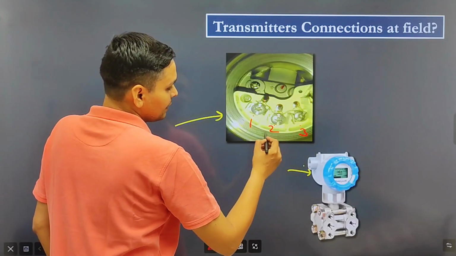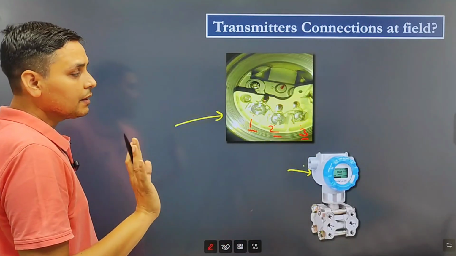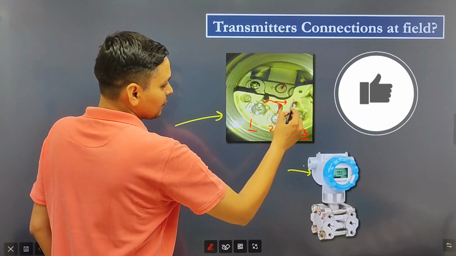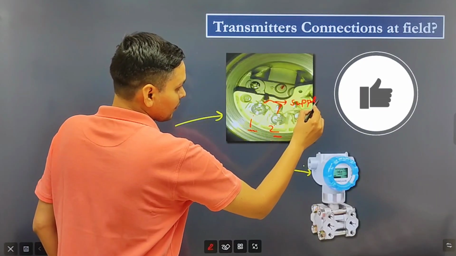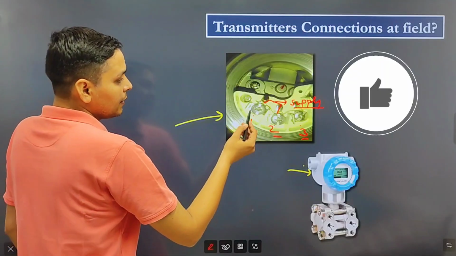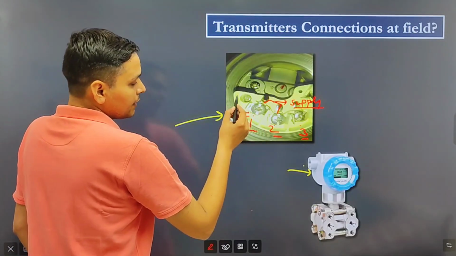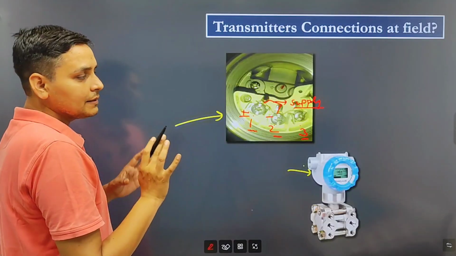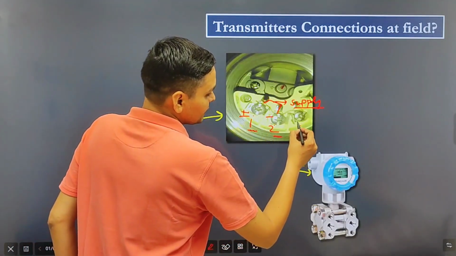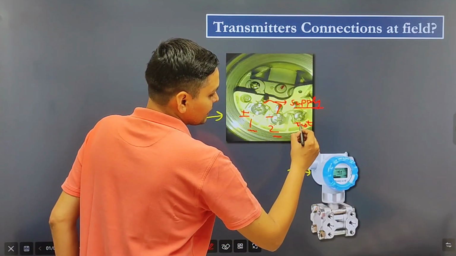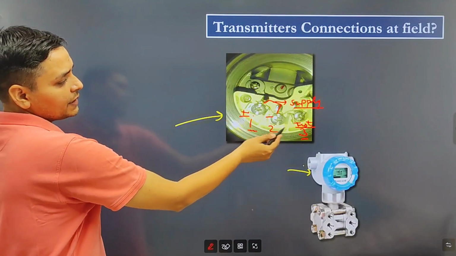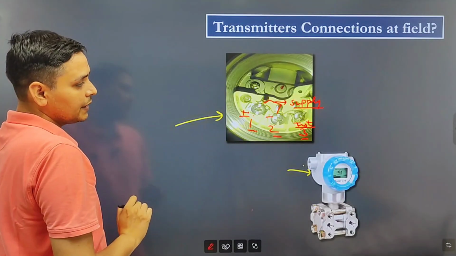Here these 2 ports are for supply, one for positive and one for negative, and the third one is for test. This terminal is the test terminal. So all 3 terminals are here.